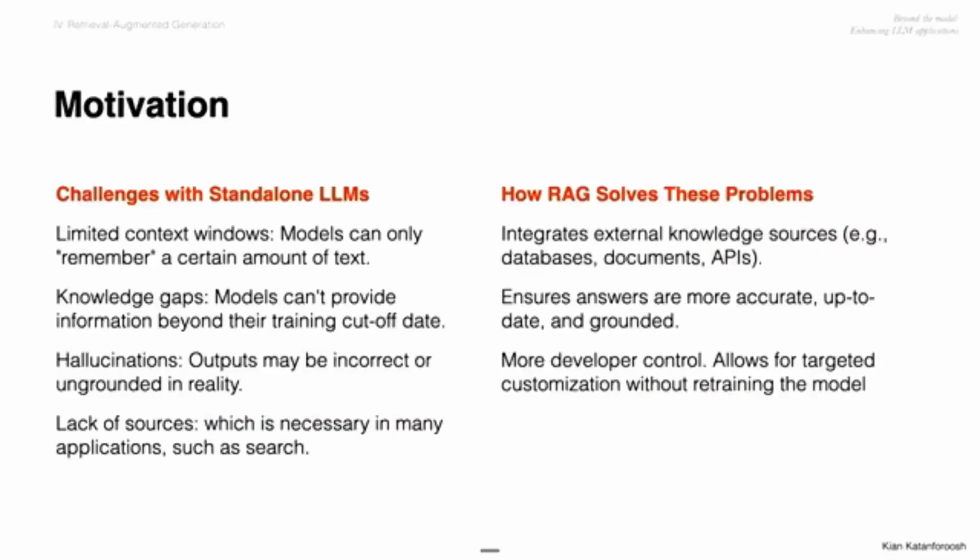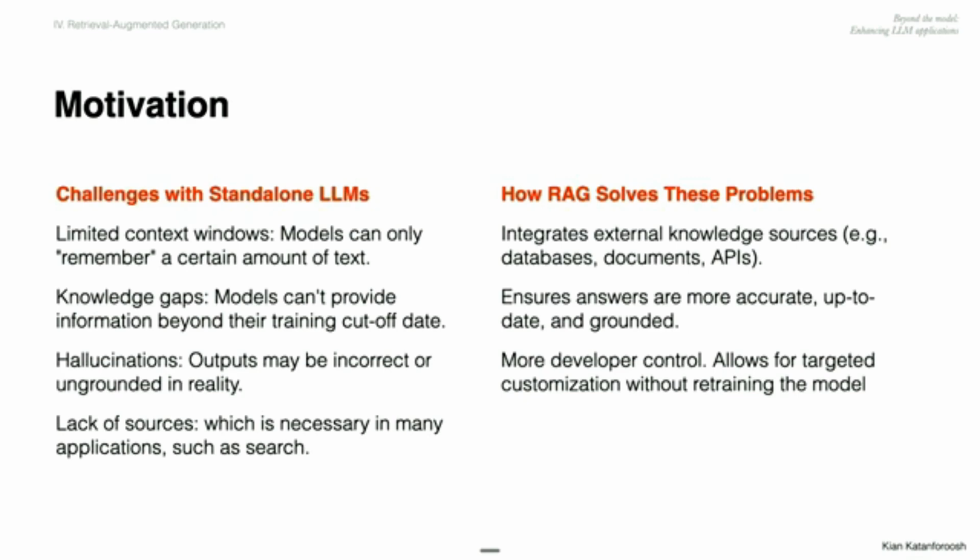With a RAG. RAG integrates with external knowledge sources, databases, documents, APIs. It ensures that answers are more accurate, up-to-date, and grounded because you can actually update your document. Your drive is always up-to-date. I mean, ideally, you're always pushing new documents to it.